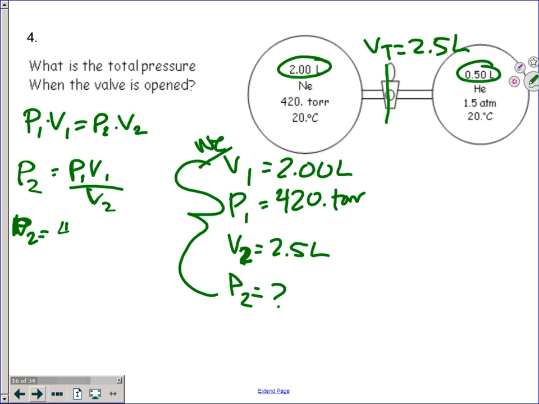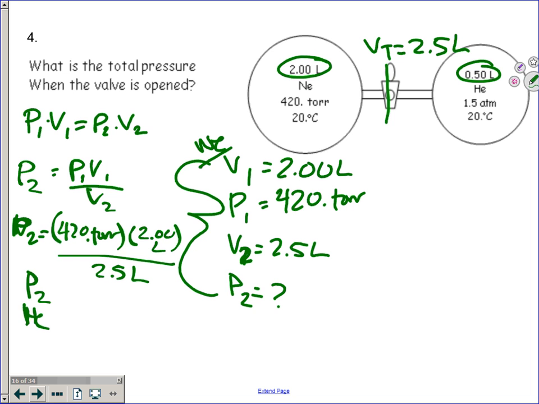So P1 is 420. I was trying to do the math. 1680 divided by 5.